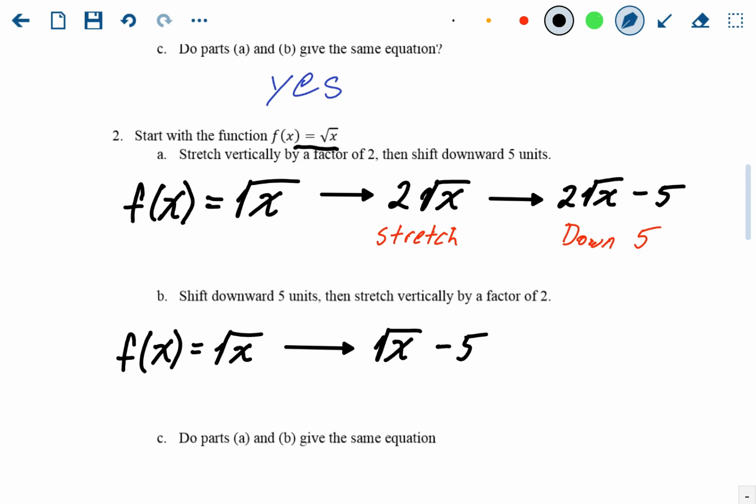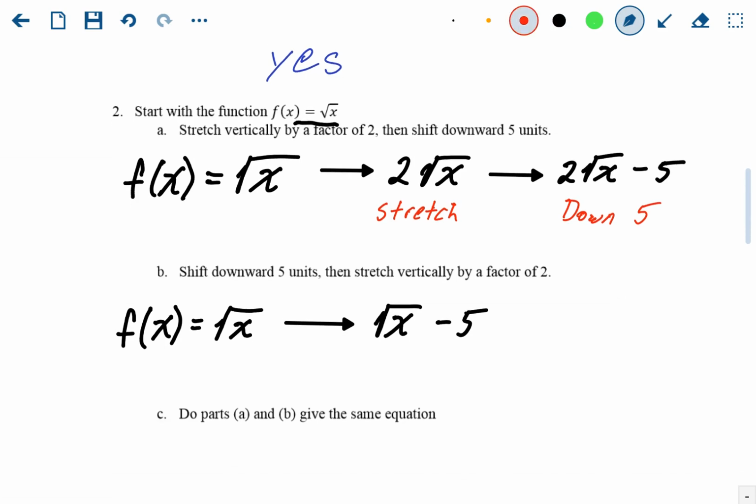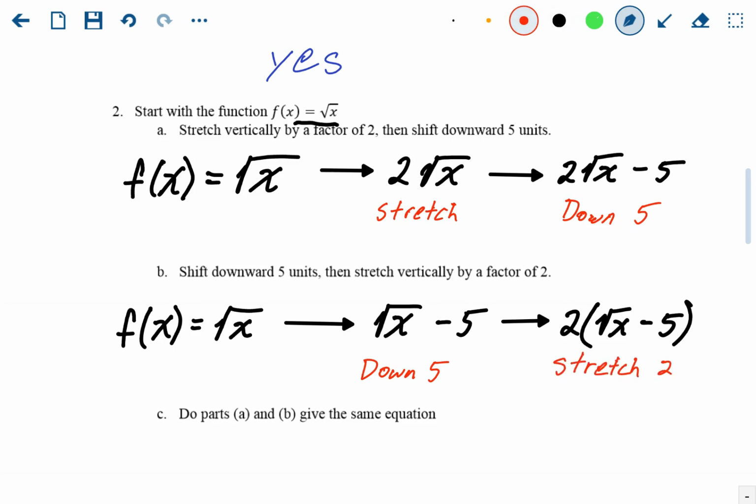And then to stretch this vertically by a factor of 2, we have a new function here. We've got square root of x minus 5. So to stretch that by a factor of 2, we're going to have to multiply that entire thing by 2. So it's 2 times the quantity square root of x minus 5. And that stretches the entire function that we have.